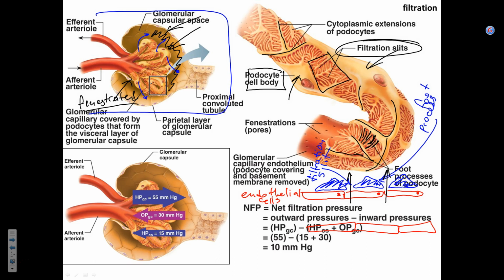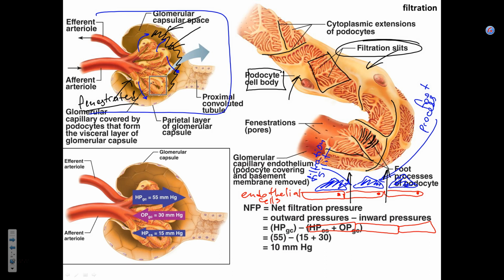Another hint. Ultimate product of protein catabolism. Urea. Does that make sense? Different nitrogenous wastes. Am I clear? So those small molecules like urea, glucose, creatinine, fructose, ketones, they will all be filtered out.